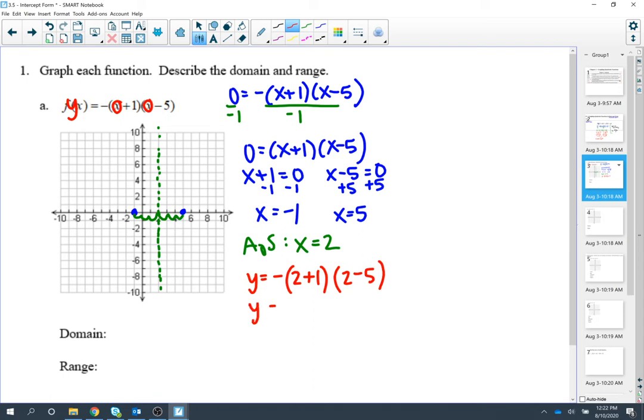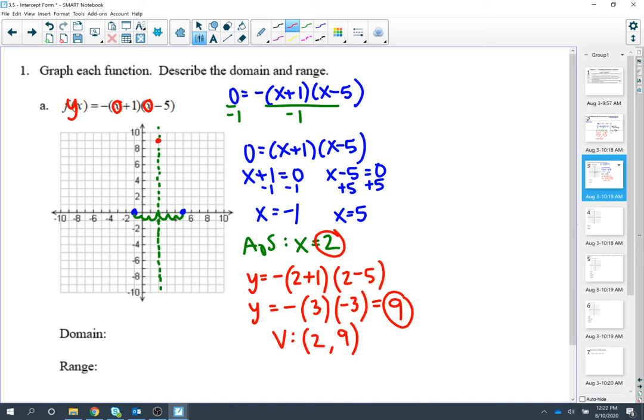So y equals negative 2 plus 1 is 3. 2 minus 5 is negative 3, which is going to give me negative, not positive, 9. So my vertex must be at 2, comma 9.